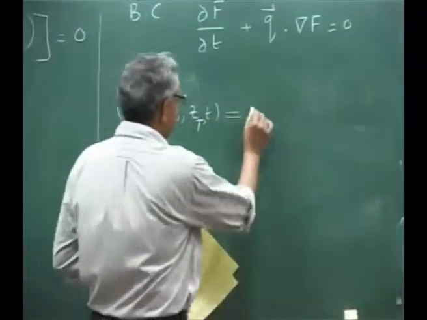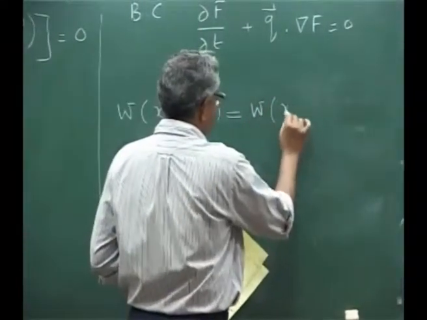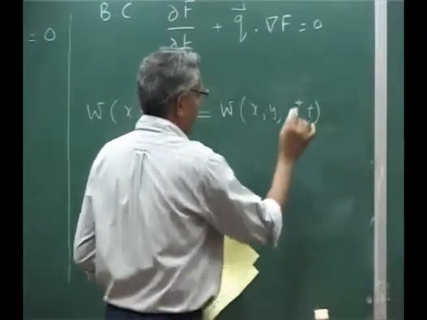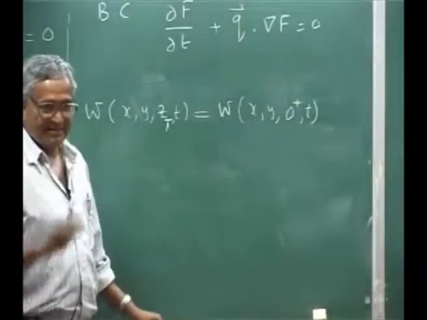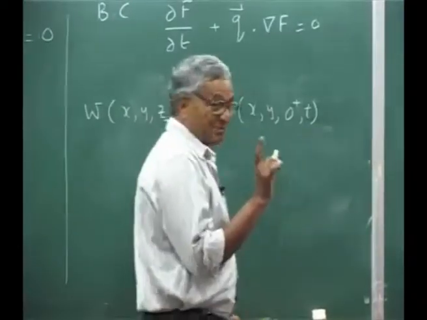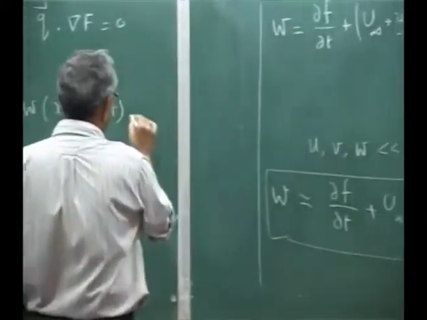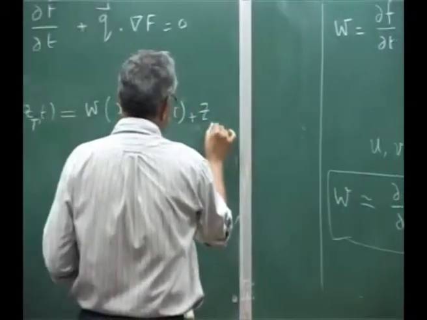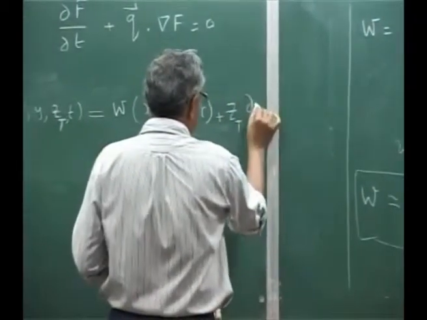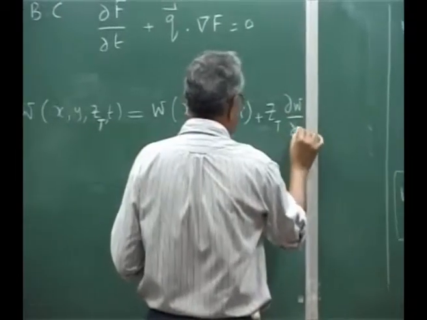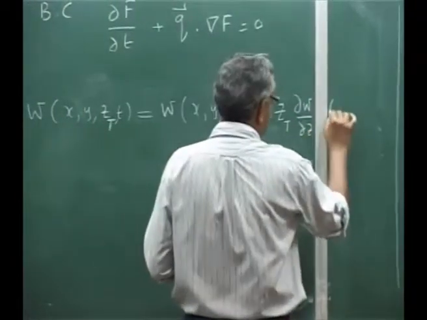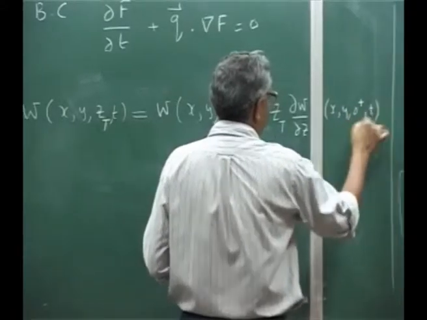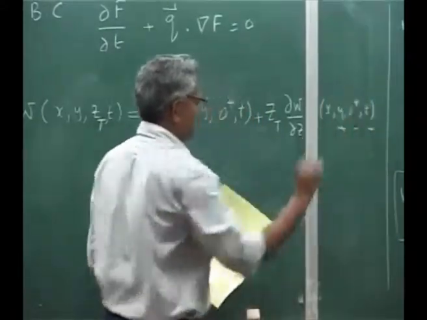You will write W of x comma y comma 0 plus, this is an expansion about the z axis, plus z top delta w by delta z at x comma y comma 0 plus comma t, plus higher order terms.